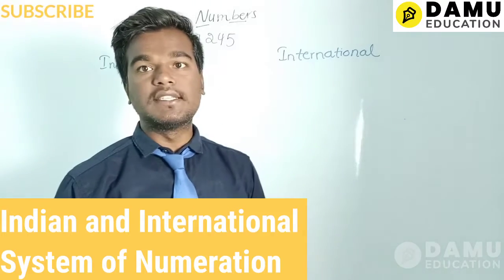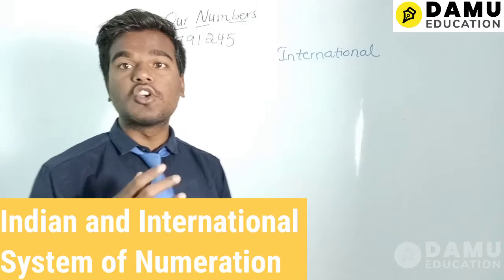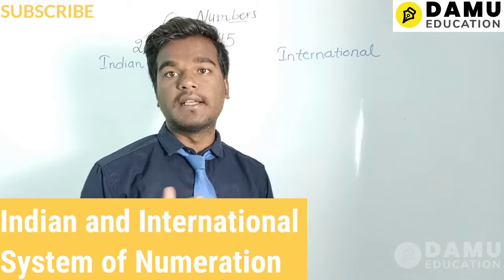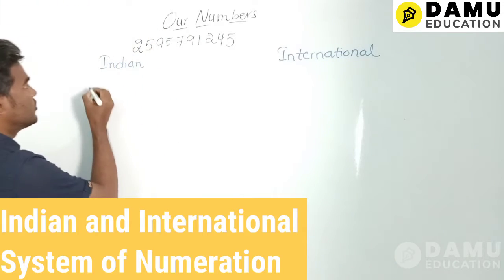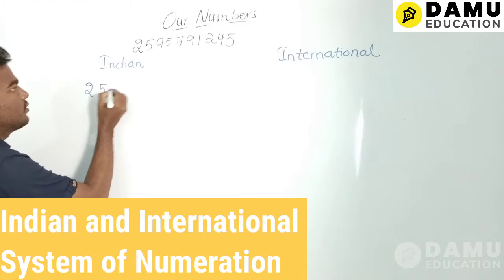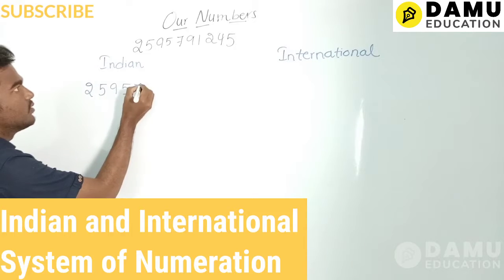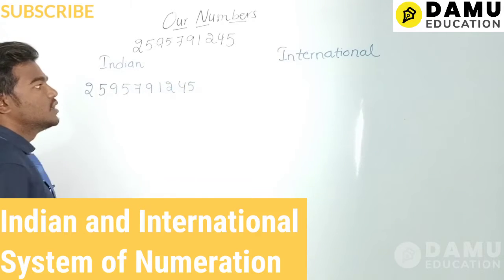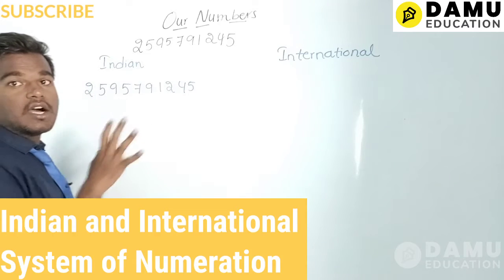First, the Indian system: how to use commas, how to write and divide the number using commas. Let's write 2 5 9 5 7 9 1 2 4 5. This is our given number.